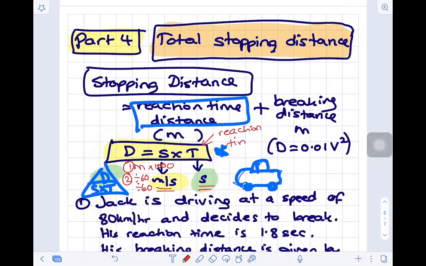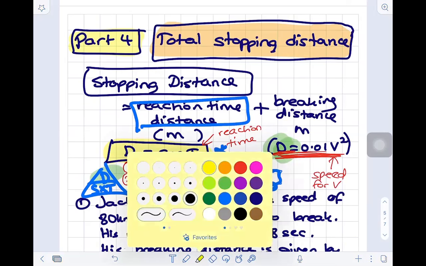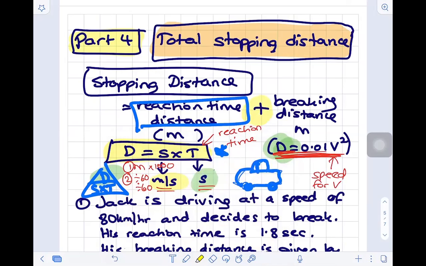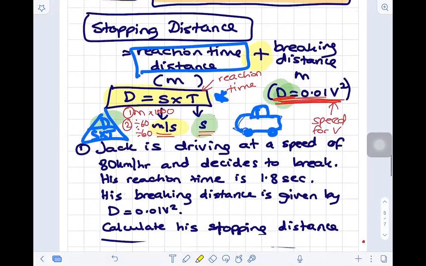How long it takes you to react to put your foot on the brake. Okay, and then to get the braking distance, you just sub the speed in for V, and you'll have the braking distance in meters. You then just have to add these two things together. If you add them together, you get the total stopping distance.